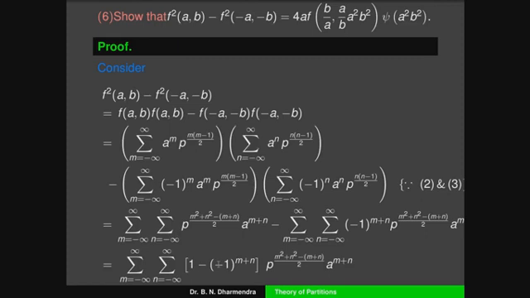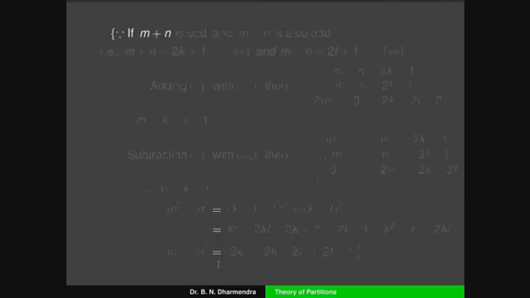When I choose even terms, the entire series vanishes. So if m plus n is odd, either m is even and n is odd, or m is odd and n is even. And if m plus n is odd, then m minus n is also odd.